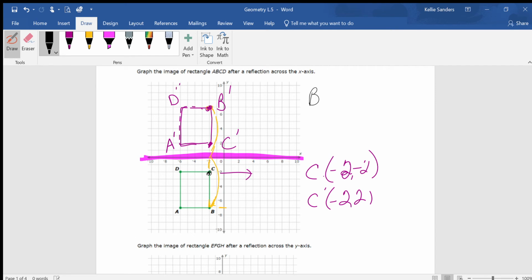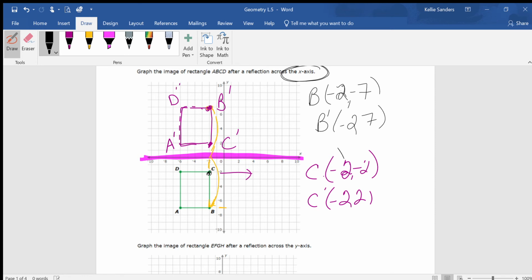Original B was at -2, -7. B prime ended up at -2, +7. So what could you figure out? What could you infer is happening anytime you reflect across the x-axis? Look at these numbers. Look to see what changed. Look to see what stayed the same.